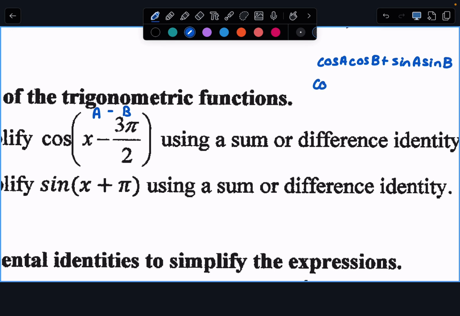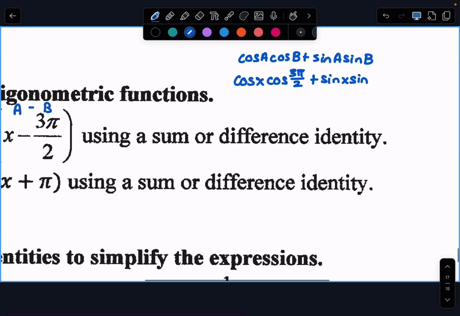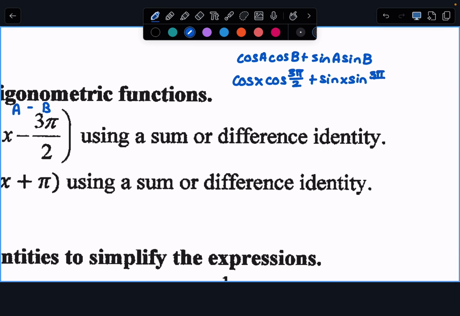So I have cosine X times cosine 3 pi over 2 plus sine X sine 3 pi over 2. So I need to figure out stuff about 3 pi over 2. Where's that? We can speak in degrees. 270, right here.